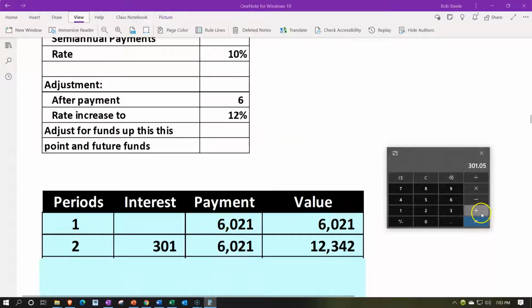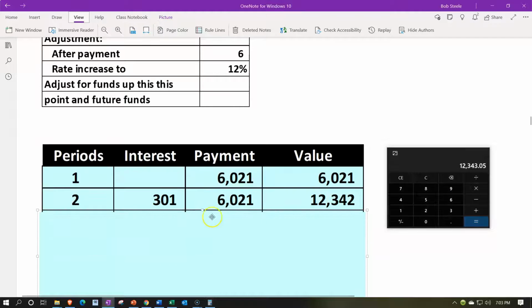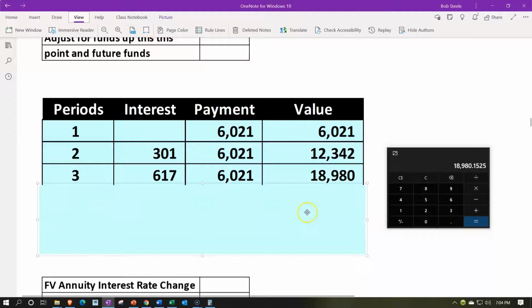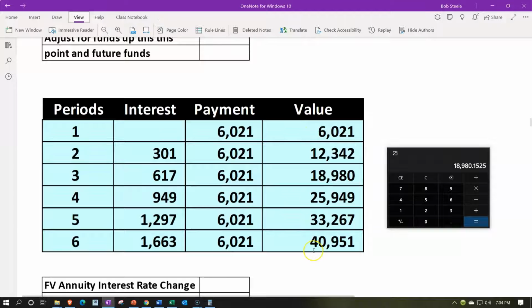The 301 plus the 6021 payment for the second payment plus the 6021 in the prior period gives us 12,342 about. We take that times 0.05 gives us the 617 plus the payment that goes in now, 6021, plus the prior balance, 12,342, gives us 18,980, and so on and so forth. If we do that to the end, we get to that 40,951 again.